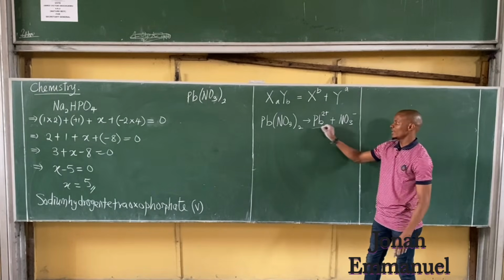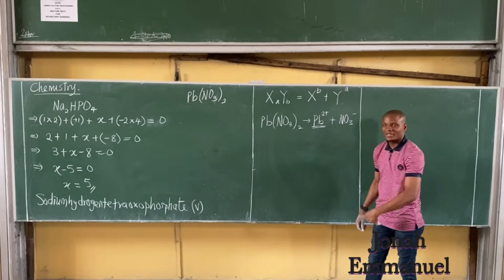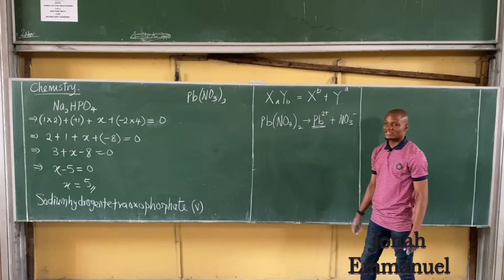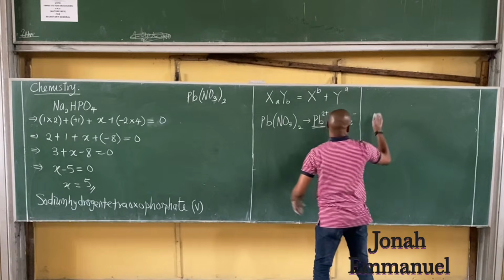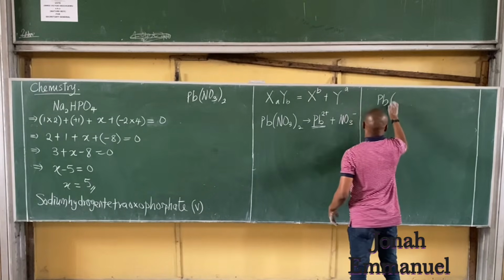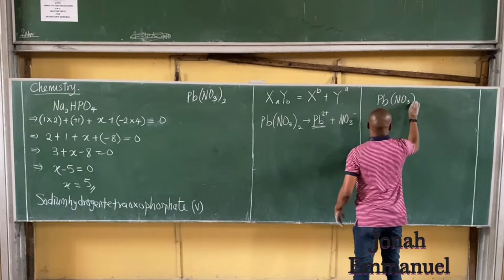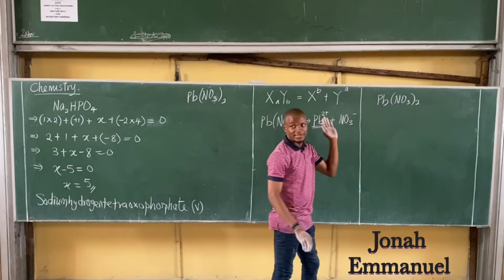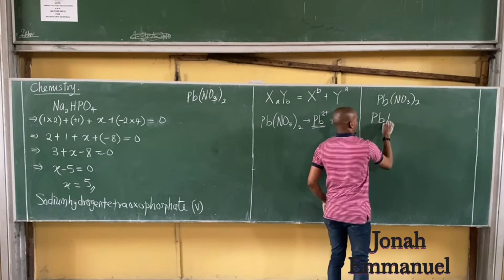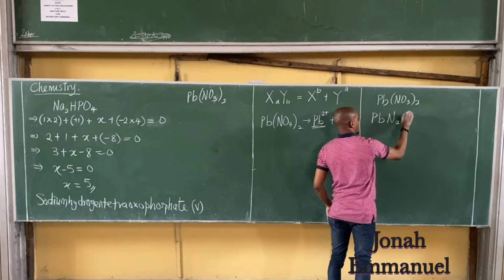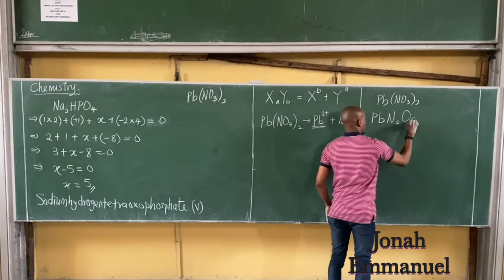So because of that, it's 2. You shouldn't be asking me what's the solution number. You should know that's 2. Alright. So this is 2. What do we get here? Pb(NO3)2. Expand this bracket. It becomes Pb2 here, N2, O6.